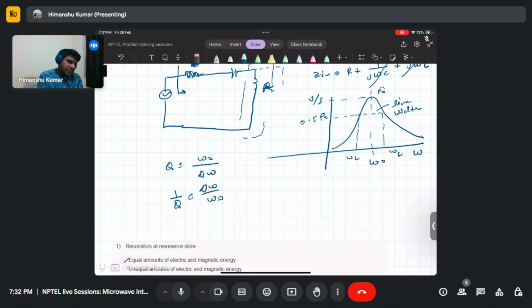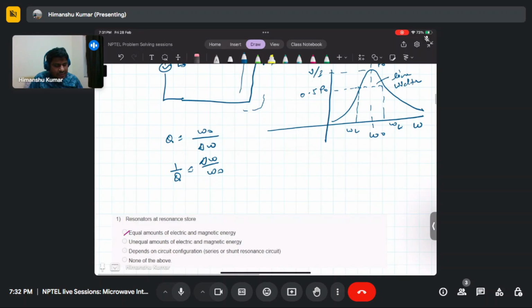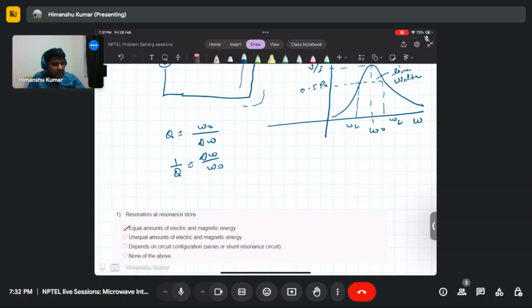You can calculate this for a series resistive circuit. For the series circuit, the quality factor comes out as omega naught L by R.